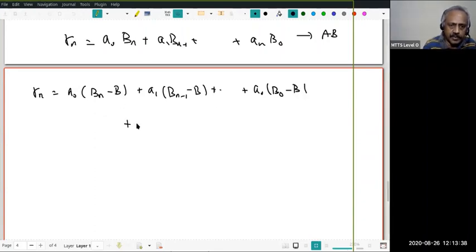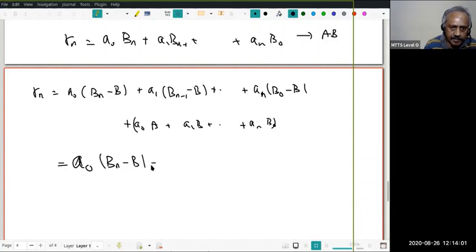Therefore, they are going to be of the form A naught B plus A1 B and so on plus An B. This I can think of as A naught into Bn minus B plus A1 into Bn minus 1 minus B plus An into B naught minus B plus, let us look at that.